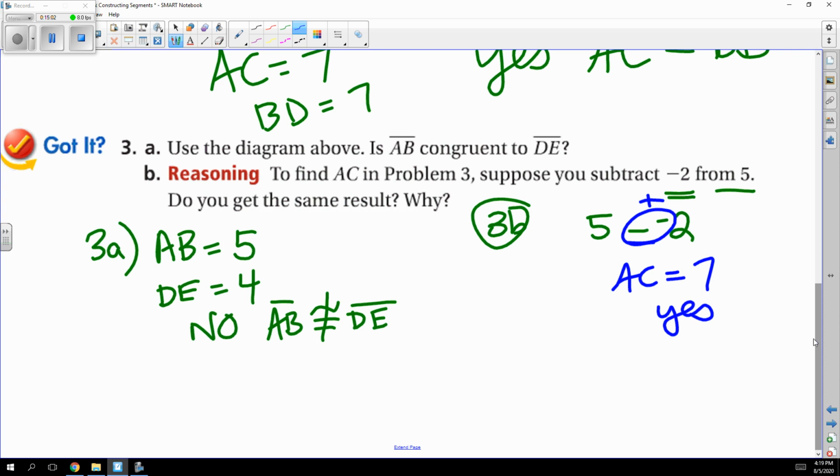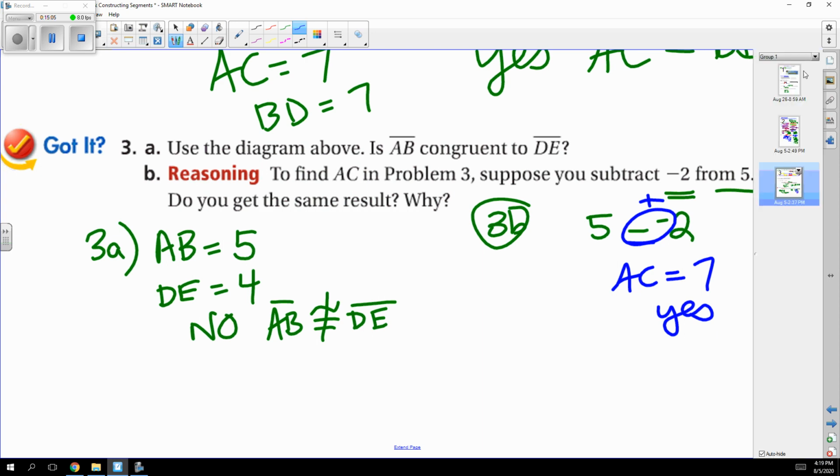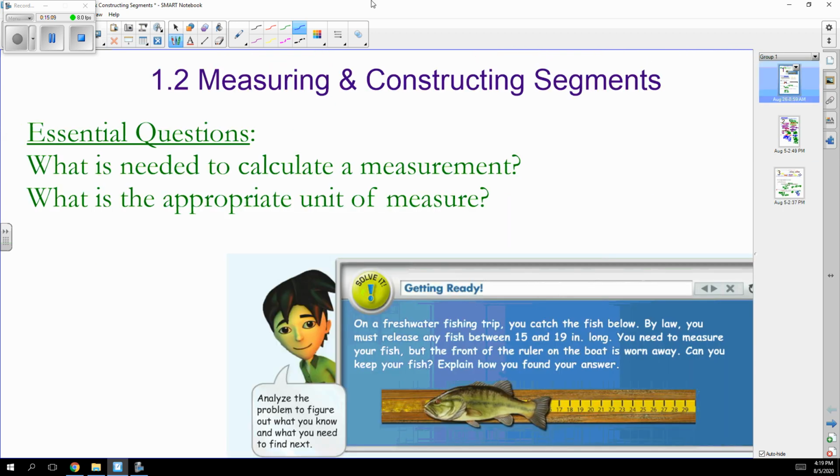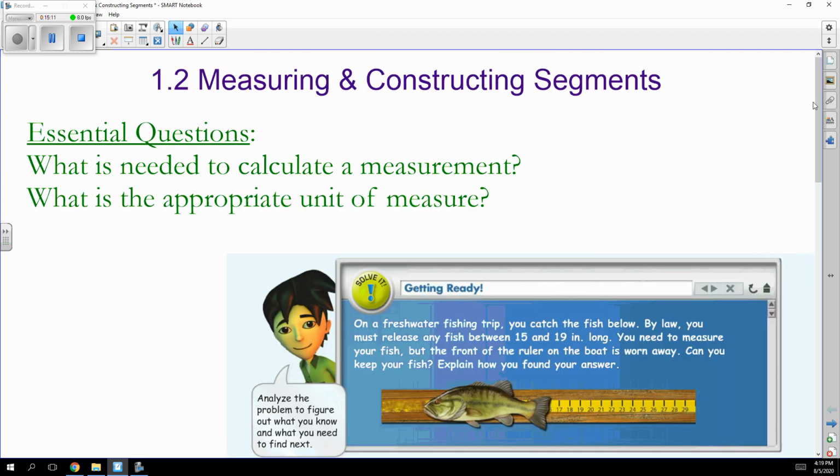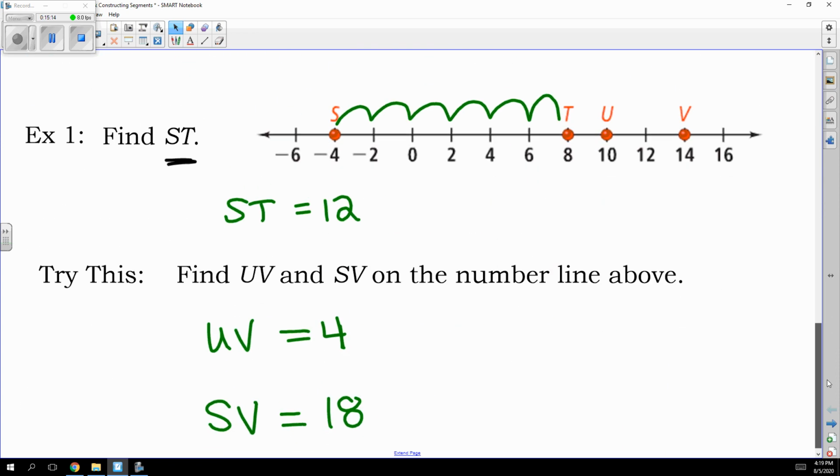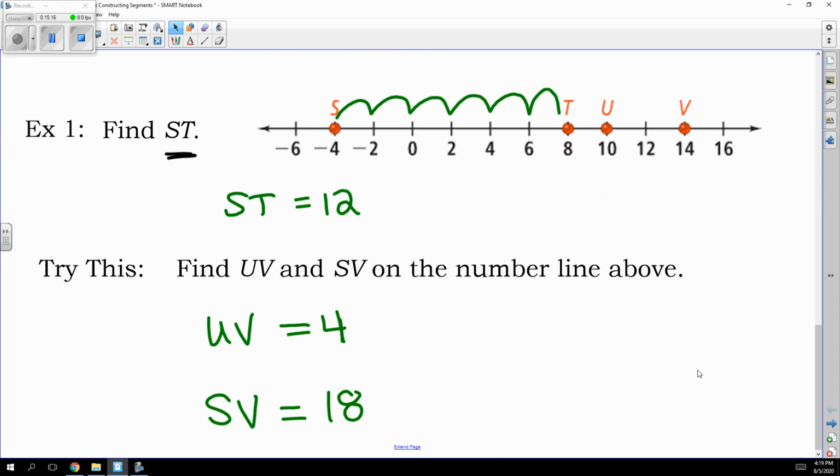So I'm going to go right back to the very first page, right here, where you had a number line. And you were finding the length of a segment on a number line, and it was real easy to just make hops, right? But suppose, let's try something a little bit different.